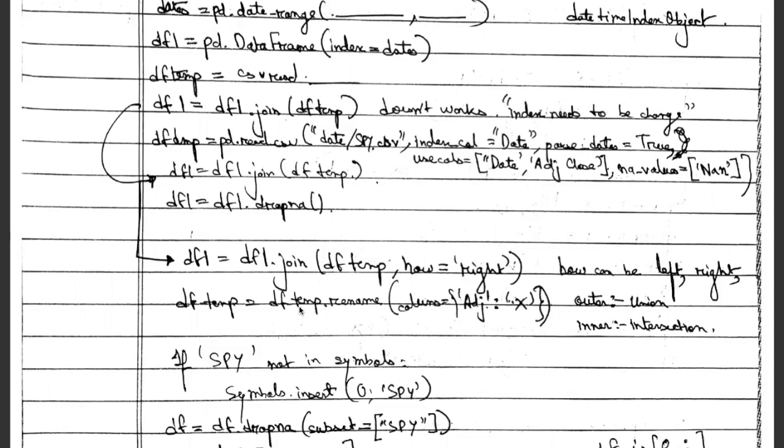Either an outer union or an inner intersection. So you are doing an inner join. That means you are intersecting those tables so that only the common part remains, if you consider two sets of tables.